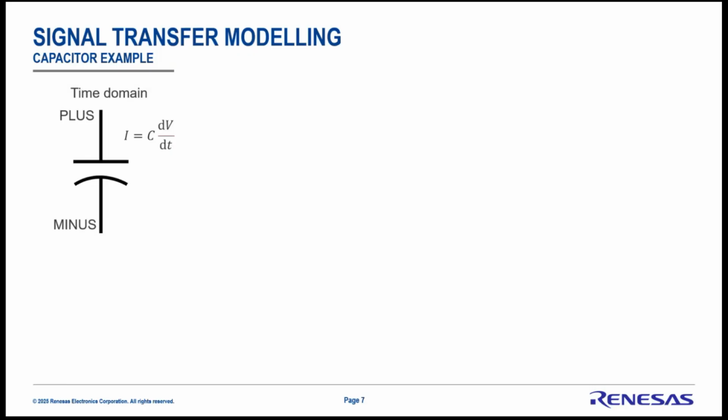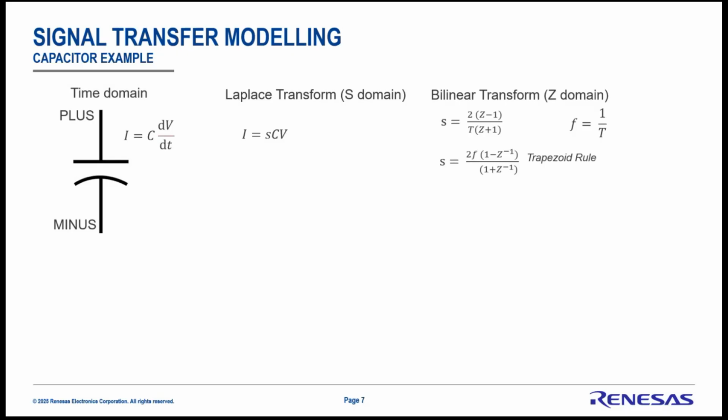So if we take a capacitor, your time domain is I equals C dV by dt. Put that in the Laplace domain, it's I equals SCV. Hopefully that's all okay for everyone. We can take the bilinear transform. Where I had Z, all I've just done is multiply through by Z to the -1, because I can't go forward in time.